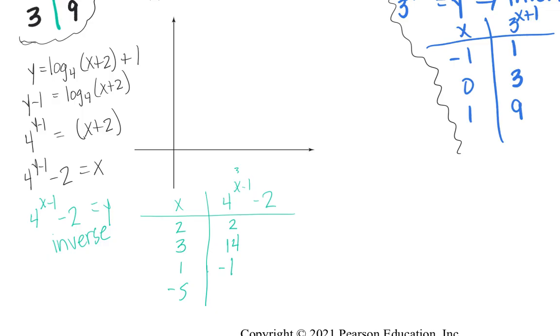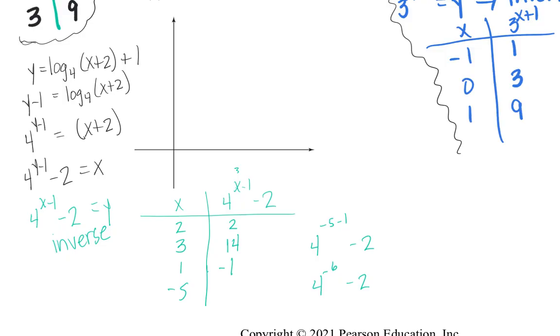And then, let's see, write this one out. 4 to the -5 minus 1, minus 2. That's 4 to the -6 minus 2. Why did I choose that one?